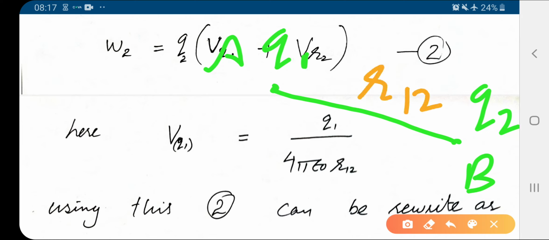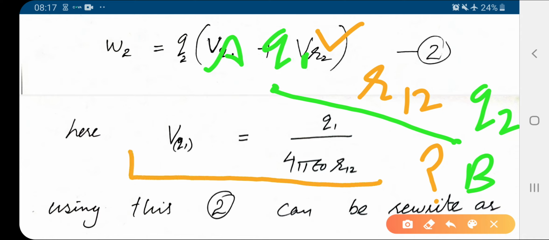So what will be the potential at point B due to the Q1 charge? Simply, you know the potential at a point is charge over 4πε0 and the distance from the charge to the point. So simply the potential due to charge Q1 at position B is Q1 over 4πε0 R12. So that will be the potential.